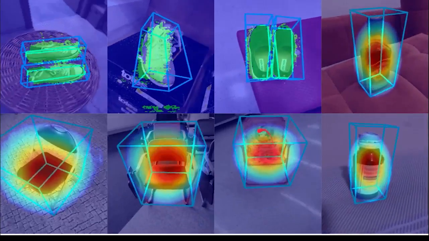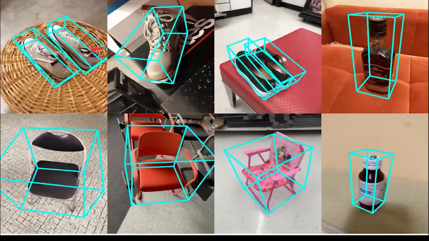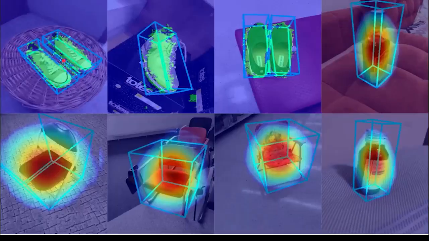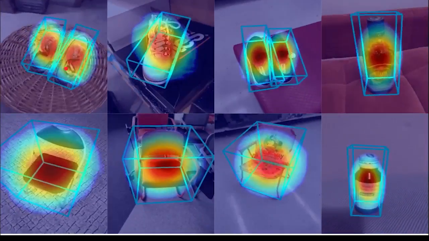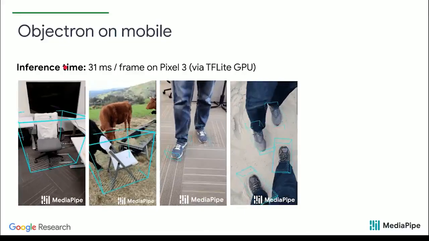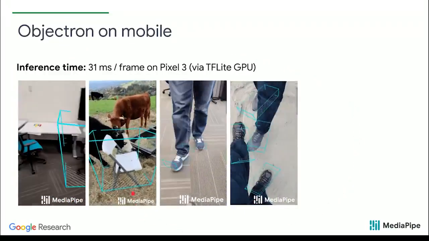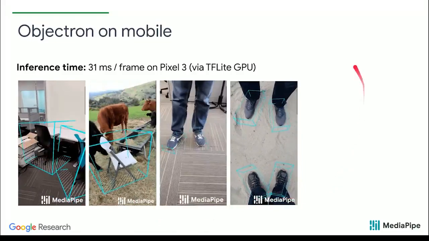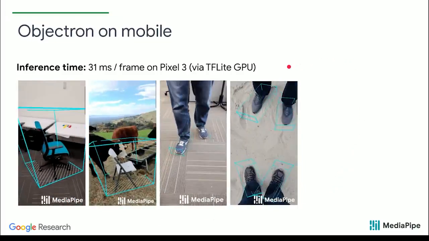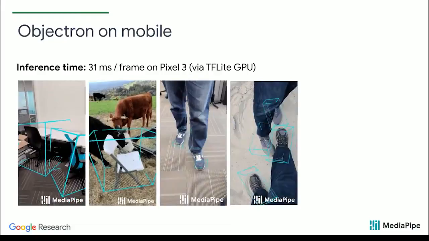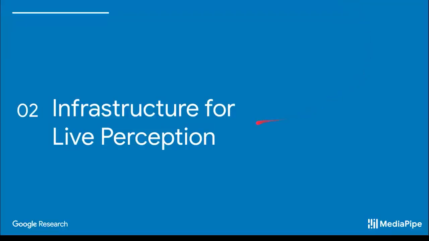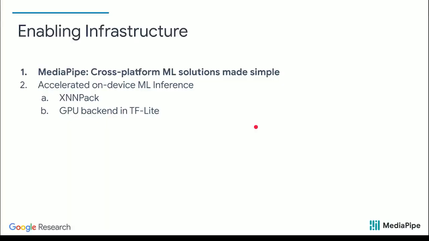So you can see the heat map with the offsets, as well as the segmentation mask that you can use for handling occlusions. Objectron is available in MediaPipe for the categories of chairs and shoes, and it performs really well in real time on recent mobile phones.